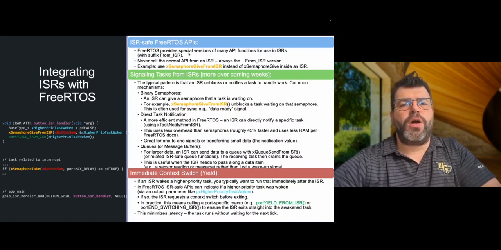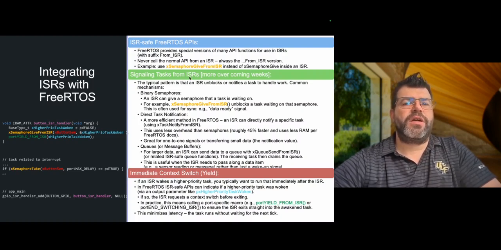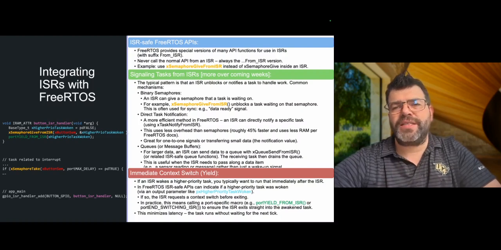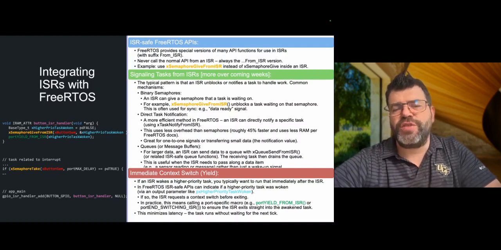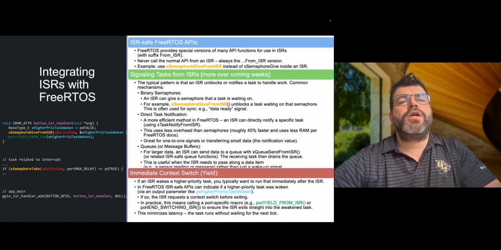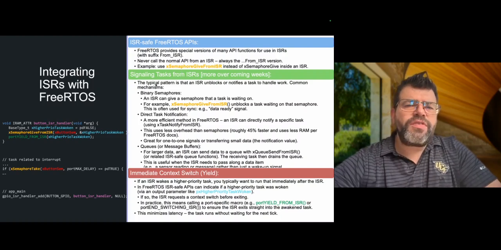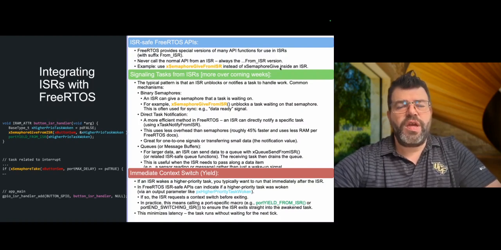You never want to call any of the other functions without FromISR inside of an ISR routine. So a couple different ways we can do this. The example here is to use xSemaphoreGiveFromISR instead of xSemaphoreGive.